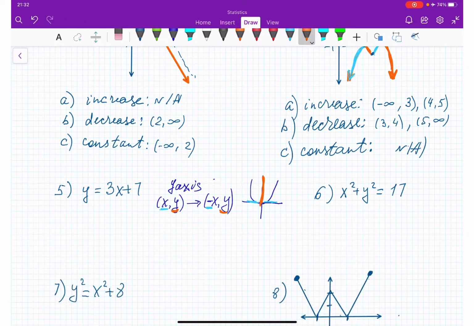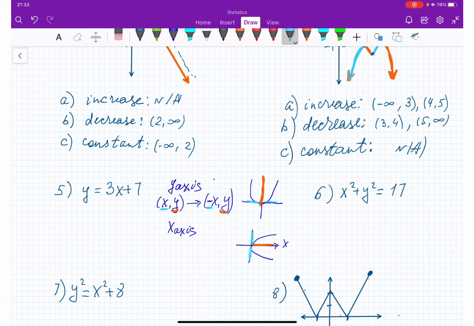We have to identify symmetry with respect to the x-axis. When we have symmetry to the x-axis, how is the graph going to look? Let's say like this one. This is our x. So x is going to be the same, but y is going to be positive and negative.